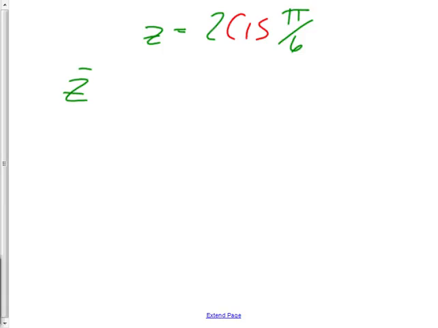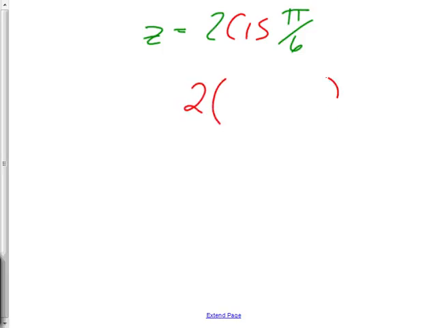That is an equation for a complex number, okay? And I can find its conjugate. We'll do that in a minute. For right now, though, just find its rectangular coordinates. Some kids did this by graphing last hour. Some kids did it by actually multiplying out cosine plus i sine of the angle.